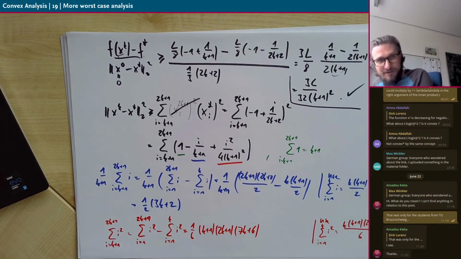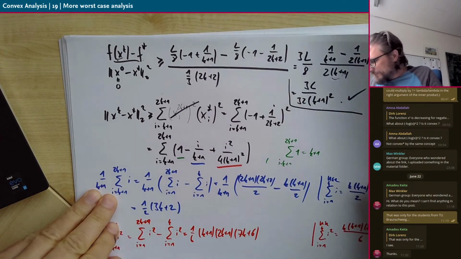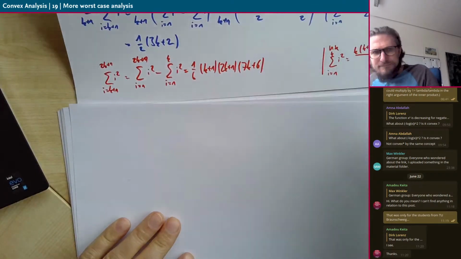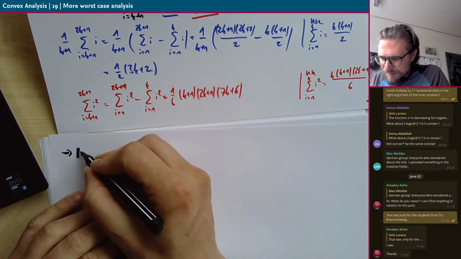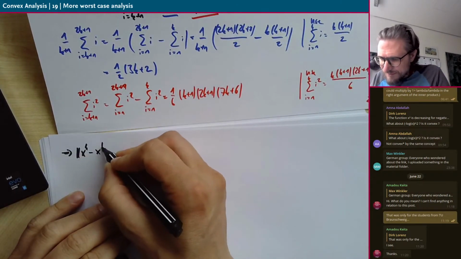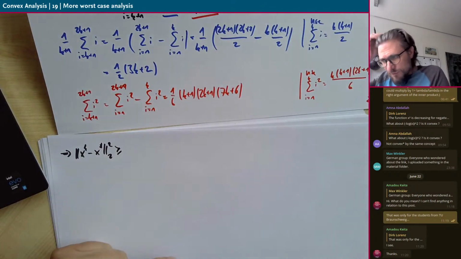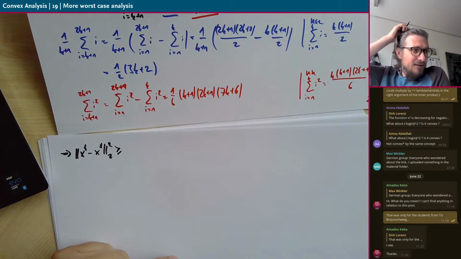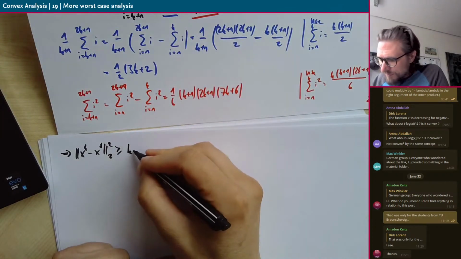So, collecting all the things, we get that the distance of x_k minus x star, the kth iterate minus the optimum, is bounded from below by, from the first we get the k plus 1.